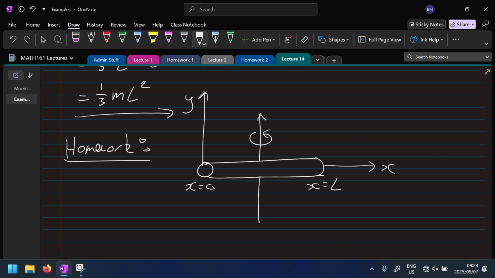Now the radius is not going to be from x equals 0 anymore. The radius is going to be from the axis. So let's pick a little piece over here, for example. The radius will be this distance. Okay, so you need to do a little bit of working to find out what that radius is going to be. Okay, so that'll be for homework.